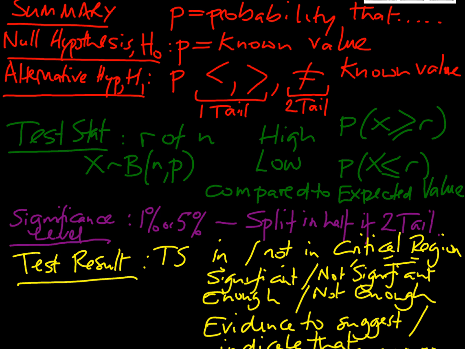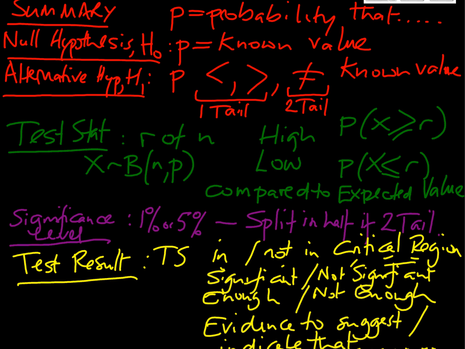Finally, here's a quick summary of hypothesis testing for the binomial and the information you need to provide to MEI to get the full marks. For the first part, we had to define what our probability is, that P equals the probability that, in our case, a seed would germinate.